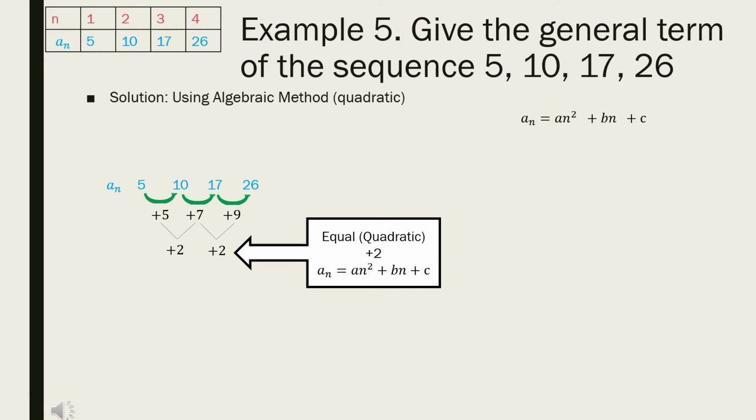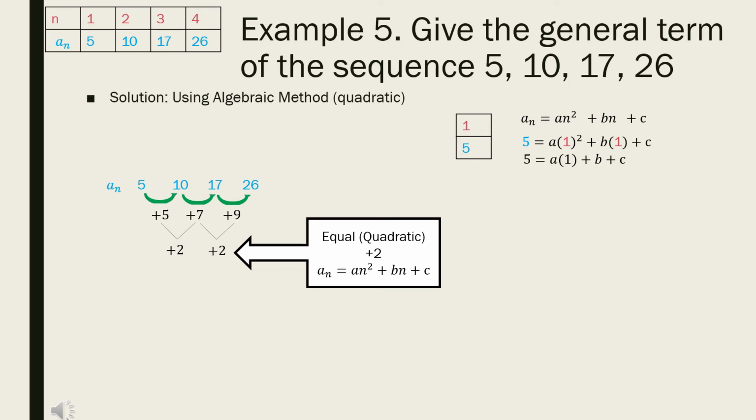So we will select first 1 and 5. That's our first pair. Here our a sub n is 5, and our n is 1. From the general pattern, a sub n is equal to an squared plus bn plus c, so we have 5 is equal to a times 1 squared plus b times 1 plus c.